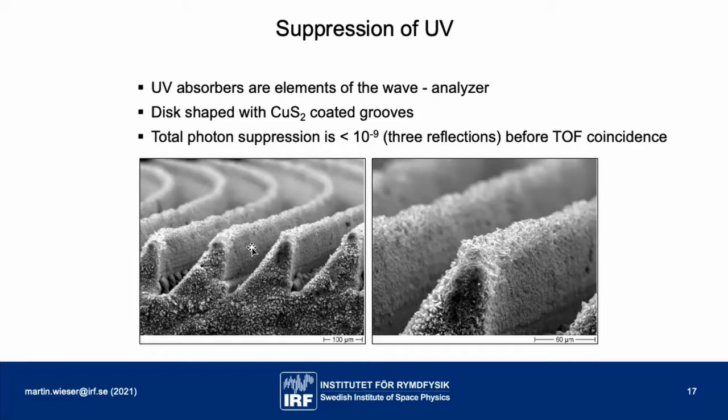In this picture, the photons would show up from the right-hand side and mostly be trapped in this kind of V-shaped groove, and those which hit here on the top, of course, have a probability to be forward scattered, but only with very low probability due to this very foamy black surface structure.